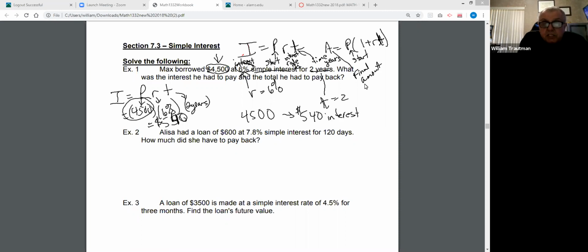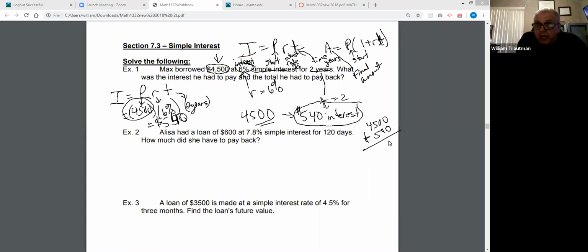So it says, what was the interest he had to pay? The answer is 540. Now the question is, how much did he have to pay back total? Well, he had to pay back the 4,500 he borrowed, plus the interest. The interest is the money they charge to use to borrow that money.